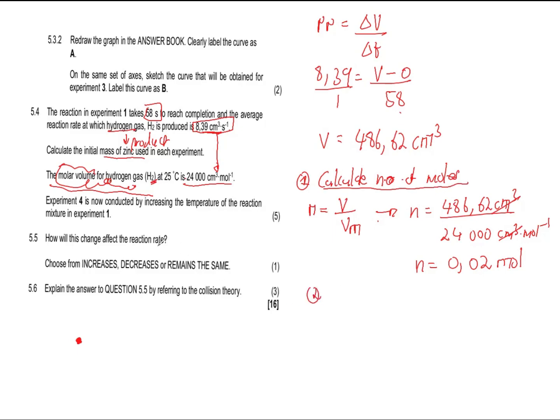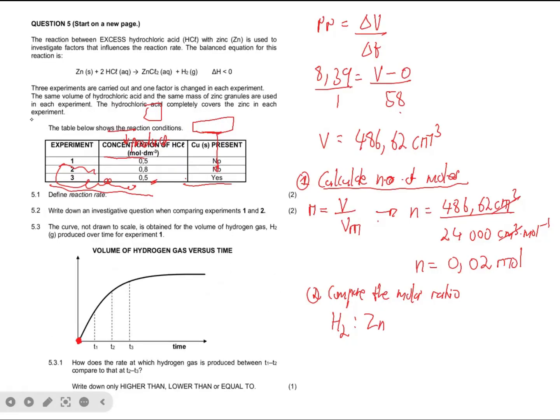Number 2, now remember, what are we trying to calculate? Zinc, right? So number 2 is compare the molar ratio. Now, what molar ratio? We're going to compare the molar ratio of the hydrogen gas and what we are looking for, which is zinc. So this requires us to go back to the balanced equation.